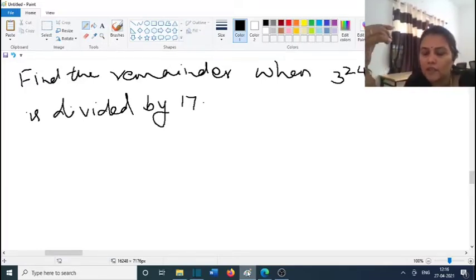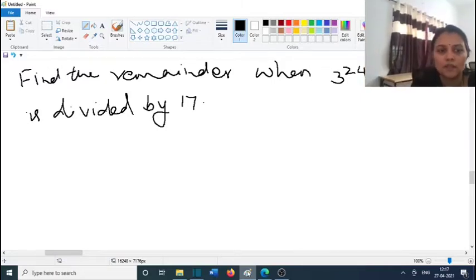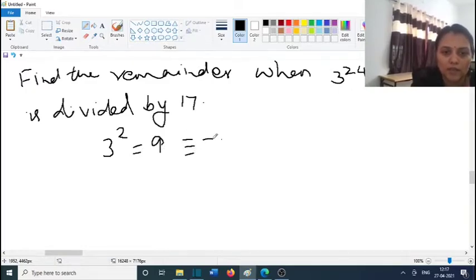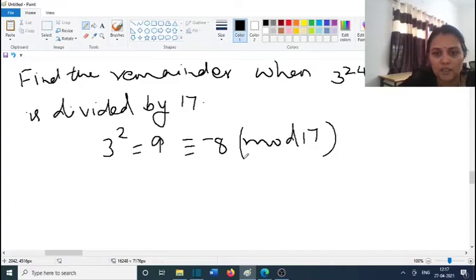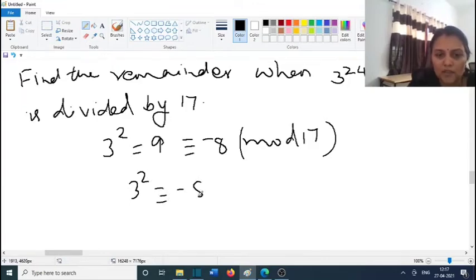We can take 3 square is 9, which is 8 difference from 17. 3 raised to 3 is 27, so we take 3 square is equal to 9 minus 8 plus 8, mod 17. 9 plus 8 is equal to 17. So 3 square is congruent to minus 8 mod 17.